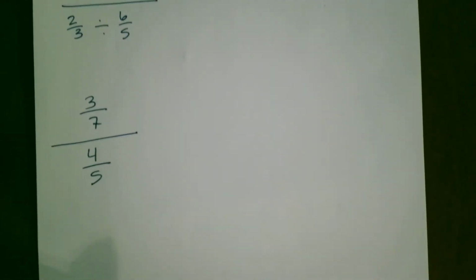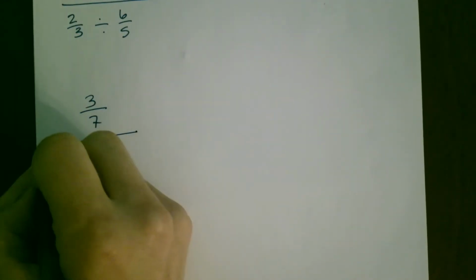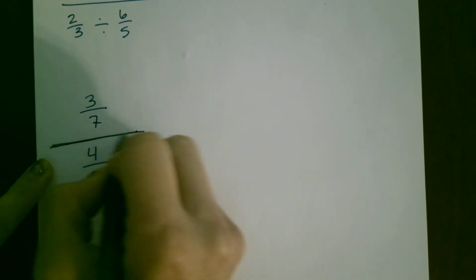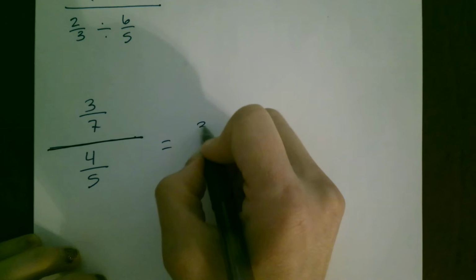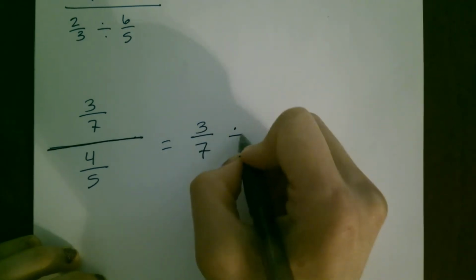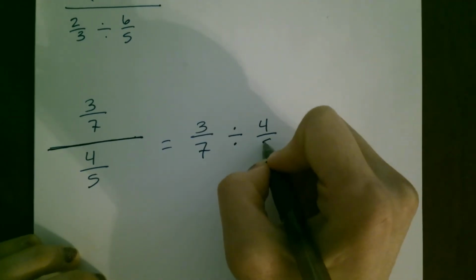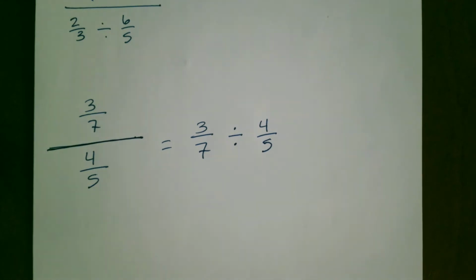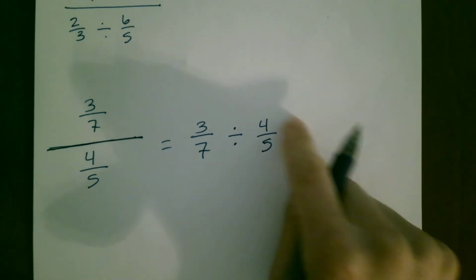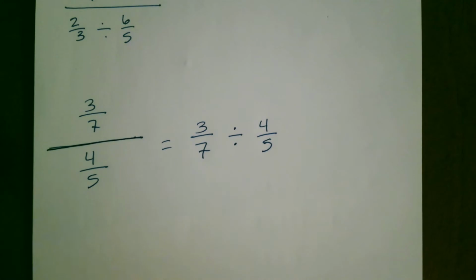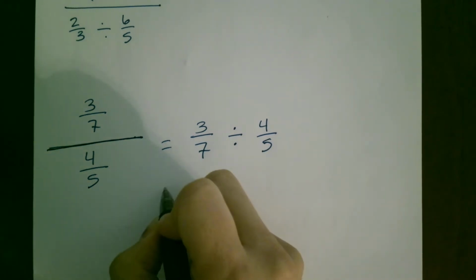Well, we know what this line in a fraction means. It means division. So rewriting this says 3/7 divided by 4/5. And now we know how to handle that problem. By the algorithm of division of fractions, I take the reciprocal of the second fraction, and then multiply straight across.